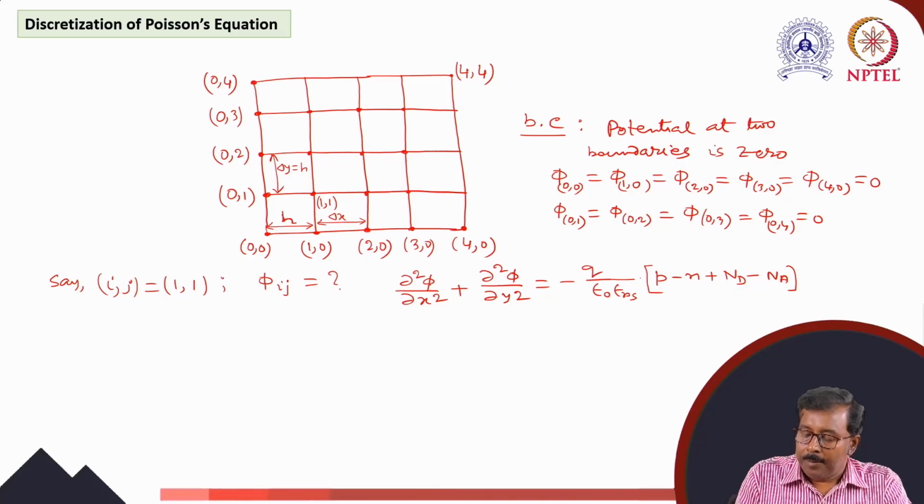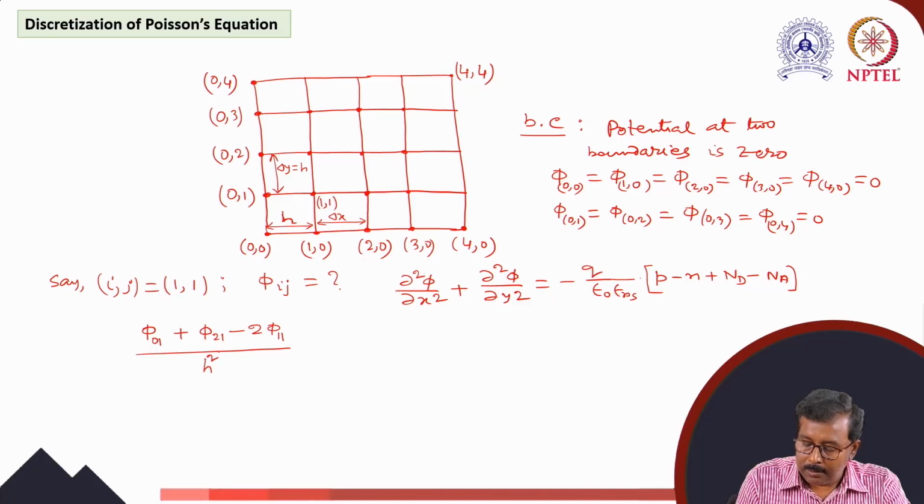Now from the finite difference formula of the derivative, we can write phi 0 1, simply this point, plus phi at this point, this will be 2 1, minus twice phi 1 1, divided by h square.